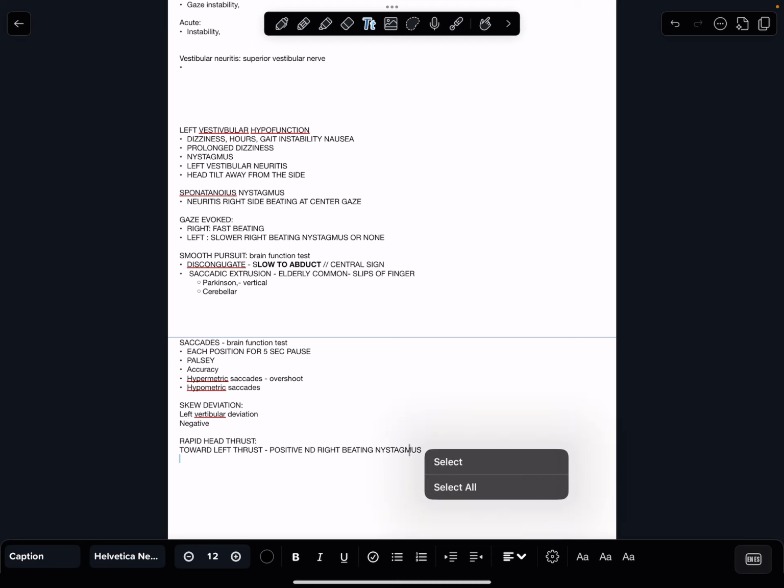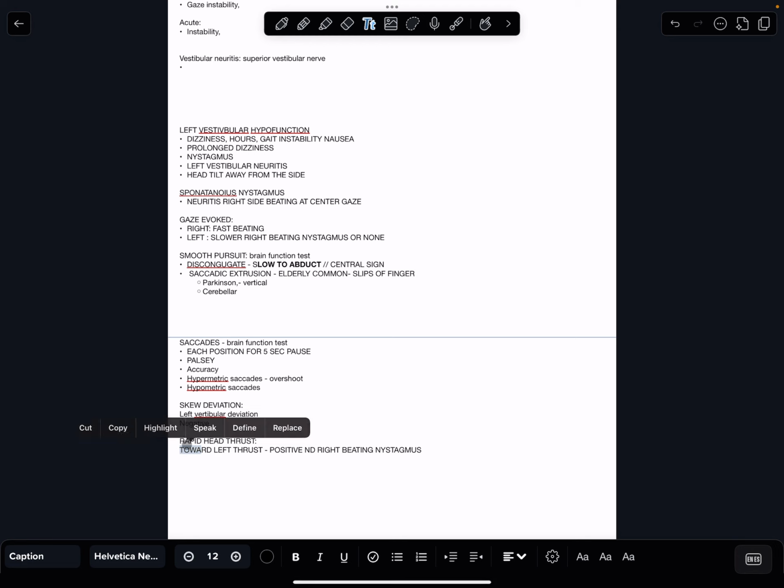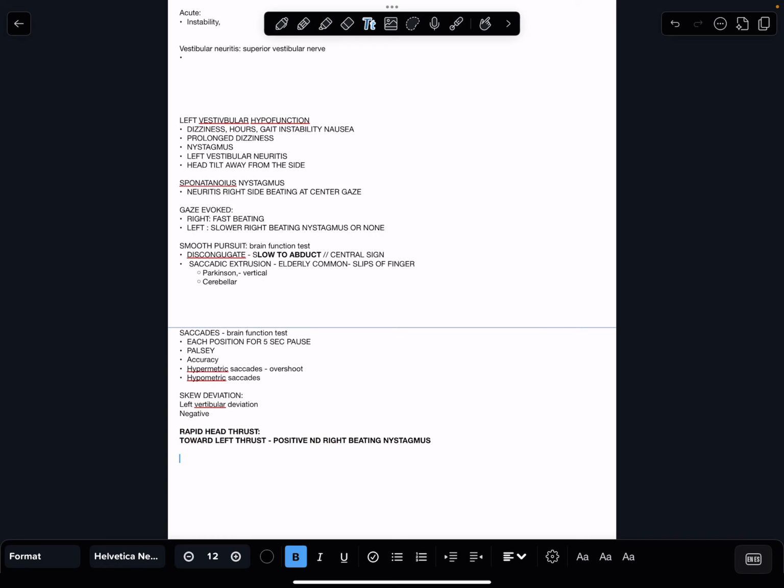One thing I'm going to say, and you can forget if you want. I might have said this last time: in the hyperacute state of a neuritis patient, you might see nystagmus going towards the bad side. Then the next therapist will come in the next day and say, today it was right beating, yesterday it was left beating, what the hell?